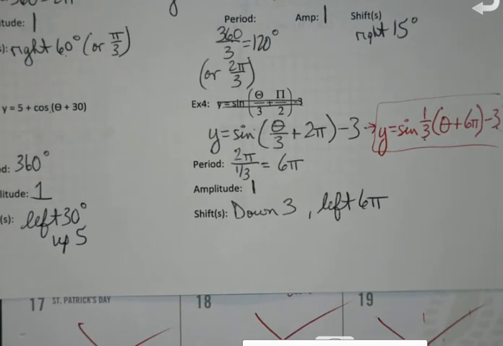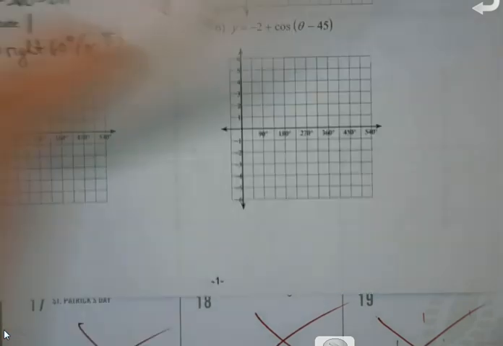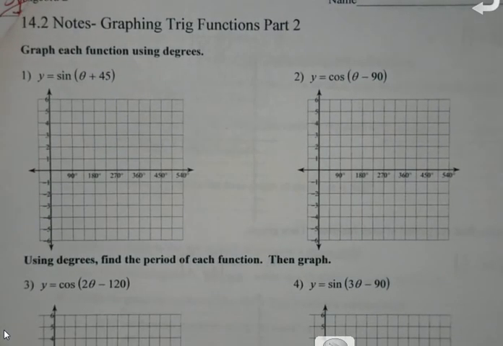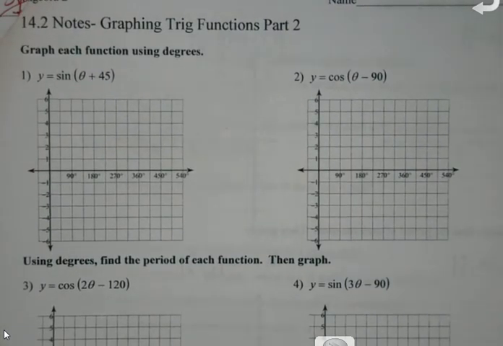So when we get into the graphing part of this, there's going to be very little that's different from what we've been doing for the last 2 days. So when we actually get to that part, and we're just going to play with degrees today, we're not going to play with radians until tomorrow. So graph the function using degrees, okay?